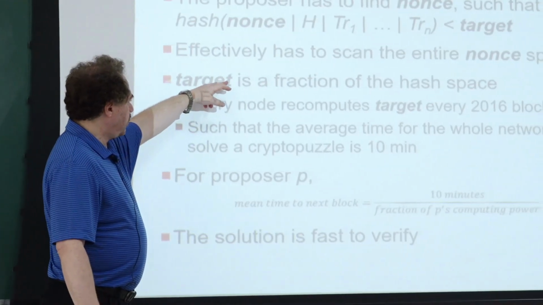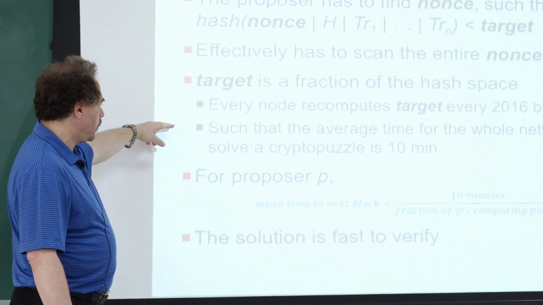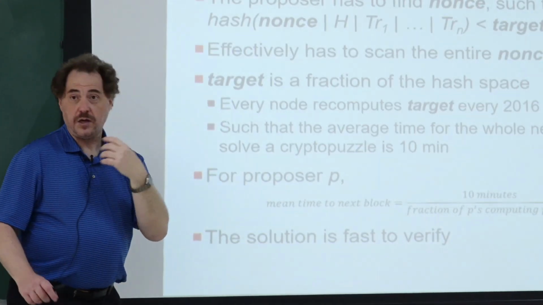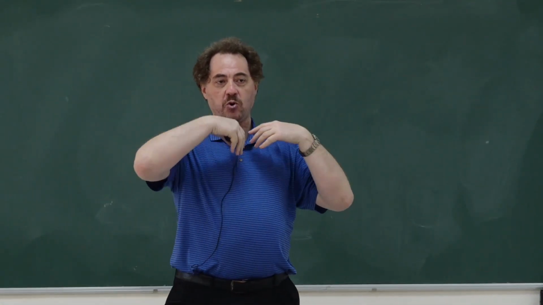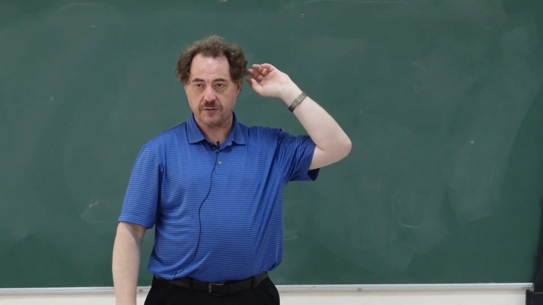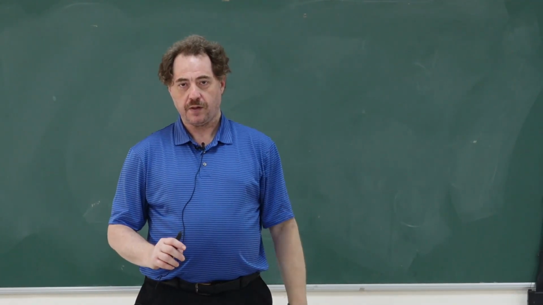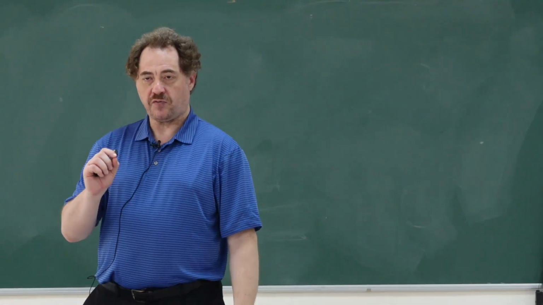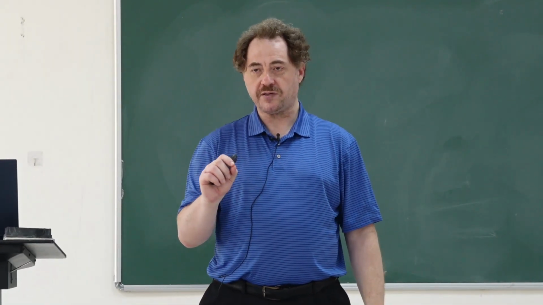So what is a target? Target is a fraction of the hash space. If we make the target smaller, it would be more difficult to find successful solutions to crypto puzzles. If we made the target bigger, it would be easier. Another interesting aspect of Bitcoin is that Bitcoin itself regulates the target.